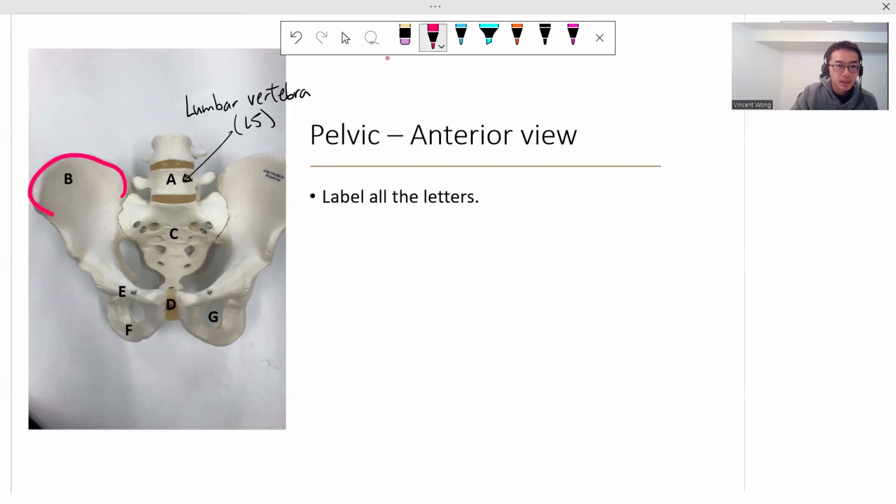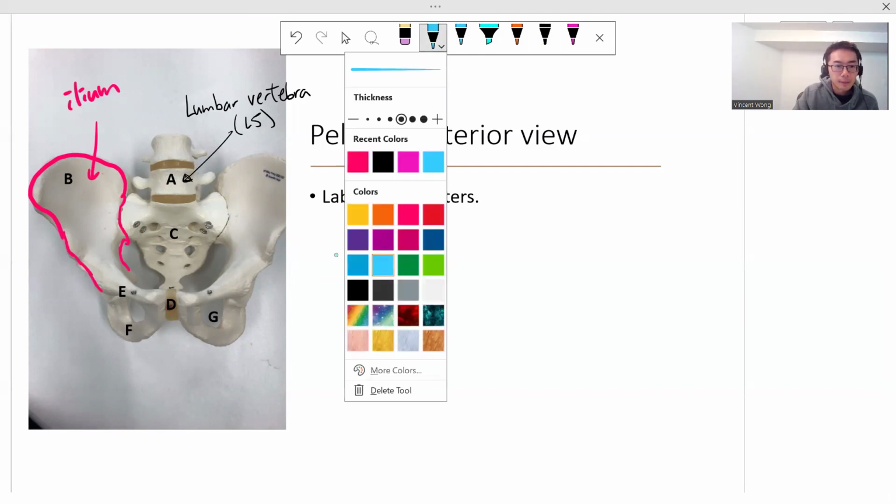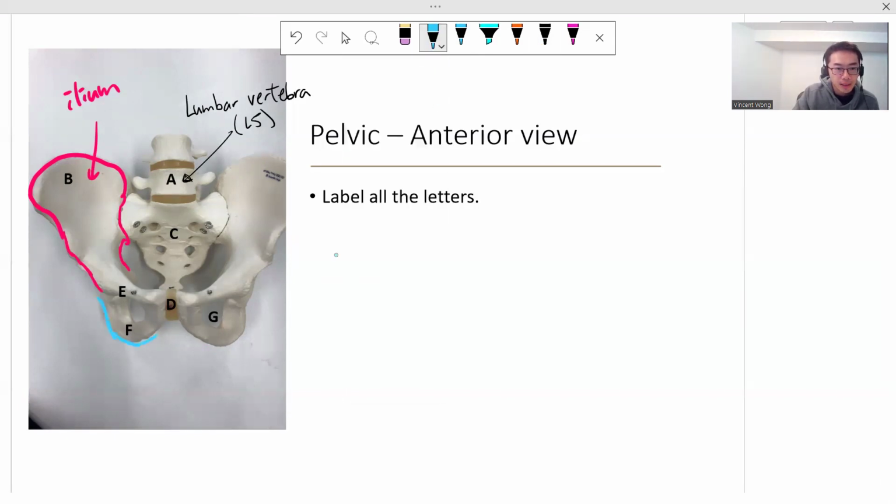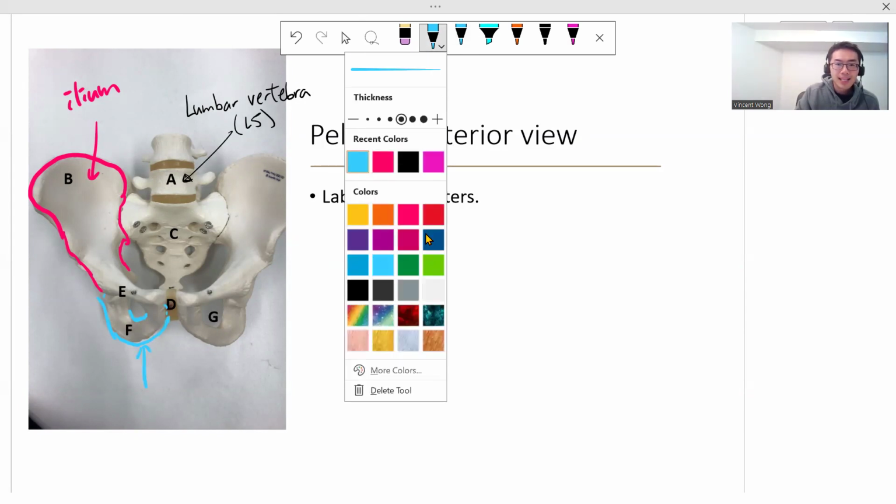Okay, this bone here, anybody remember what that is? The ilium. That is the ilium with the I. Very good. We have this one right here. That is the ischium.